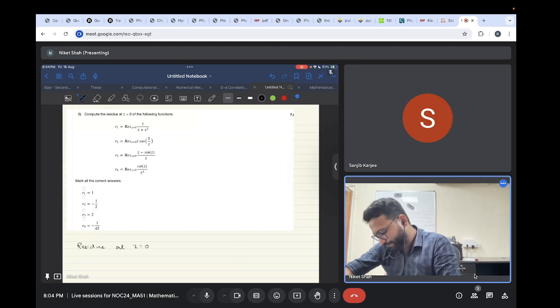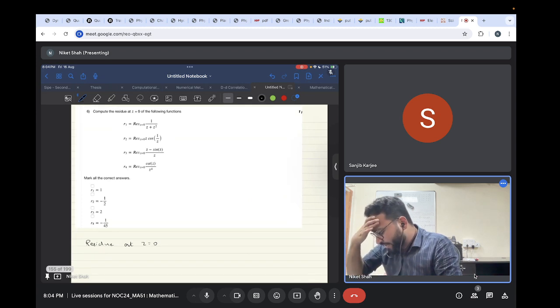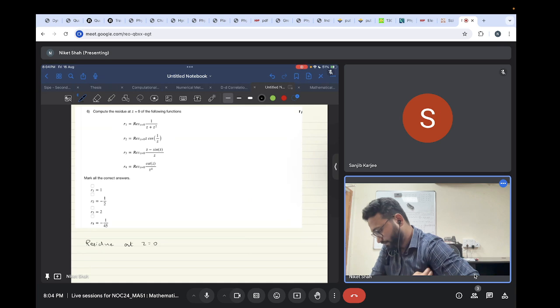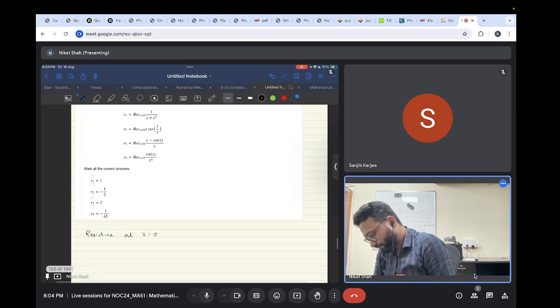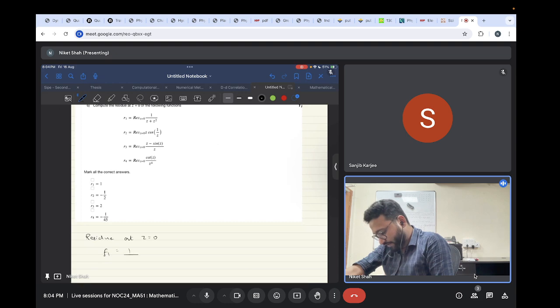So here, I'll call the function corresponding to R1 as F1. 1 by z plus z square is equal to 1 by z plus 1.